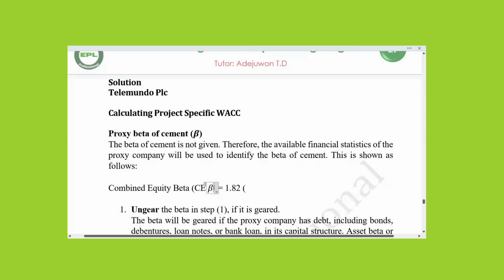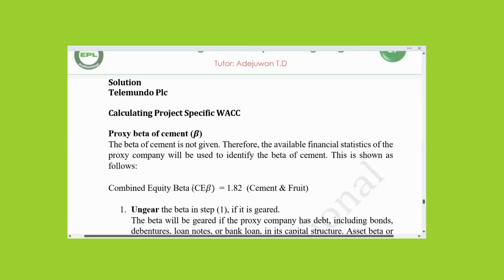So we are given combined equity beta of 1.82. This 1.82 is meant for cement and fruit drinks.